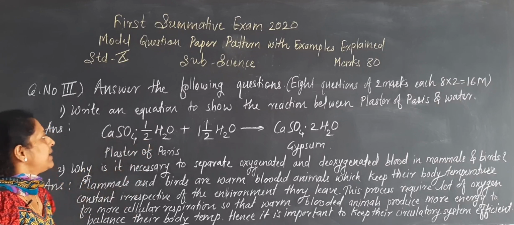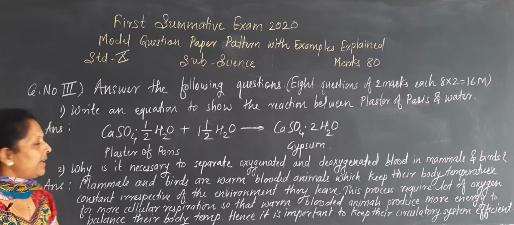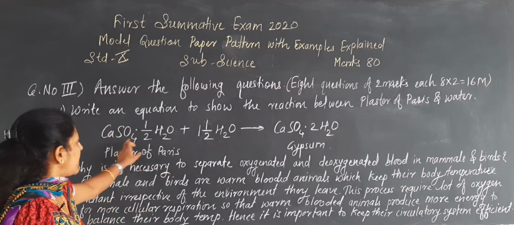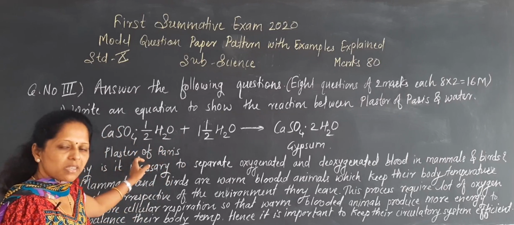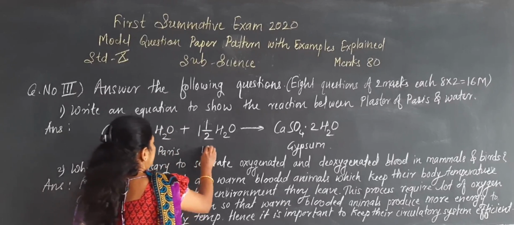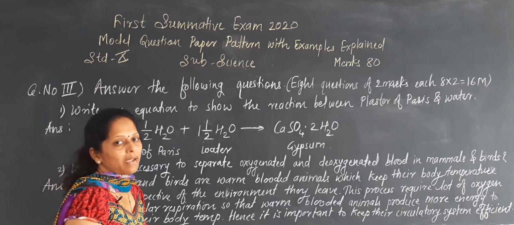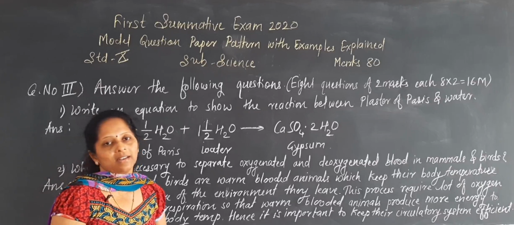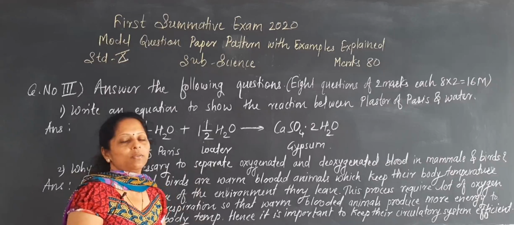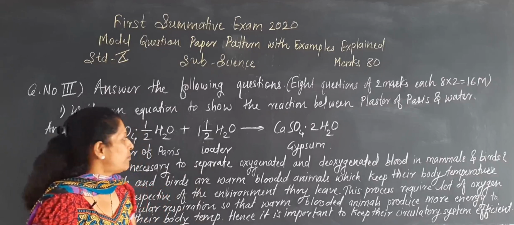Calcium sulfate hemihydrate has only half a water molecule in it. The equation is CaSO4·1/2H2O plus 3/2 H2O, giving CaSO4·2H2O, which is gypsum. This reaction is very important.